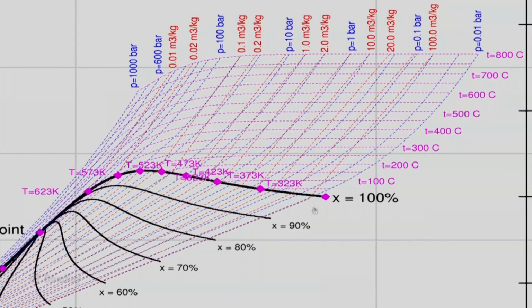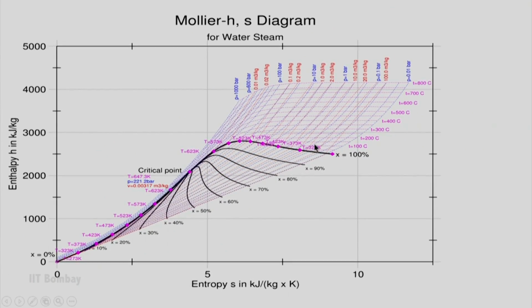Here I can locate the point of 0.1 bar, which you can see on this blue line, and T equal to 100 degree centigrade, which is 373 Kelvin. Sorry, this will be my state 2 because this is after expansion. So, this is my state 2 and I can locate that state 2 over here.